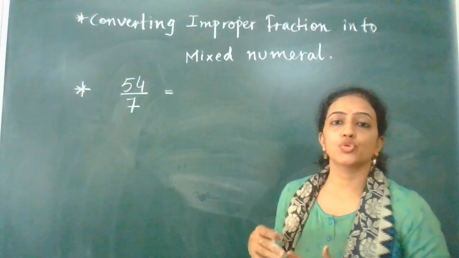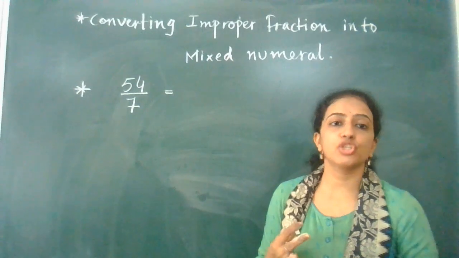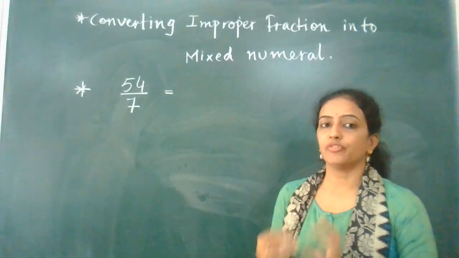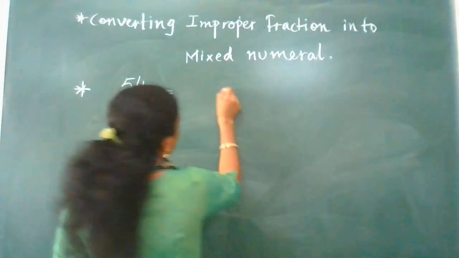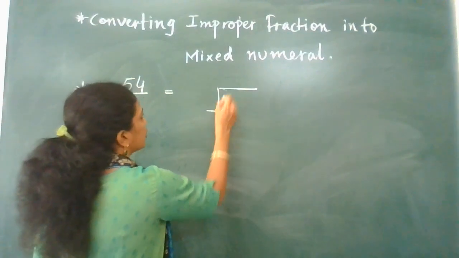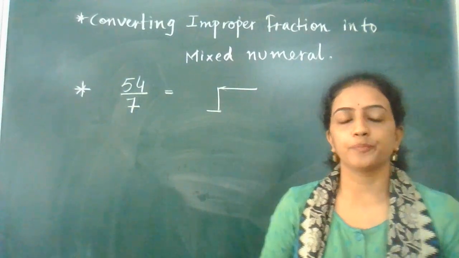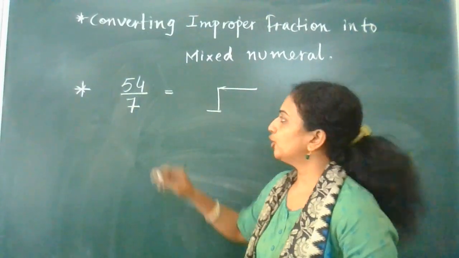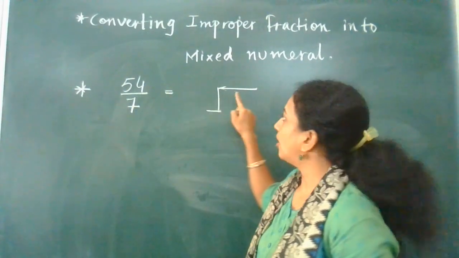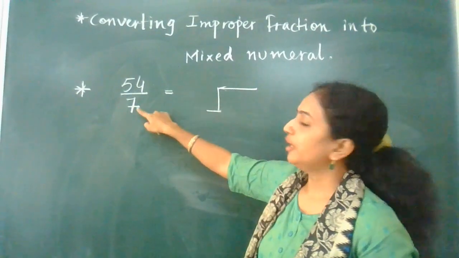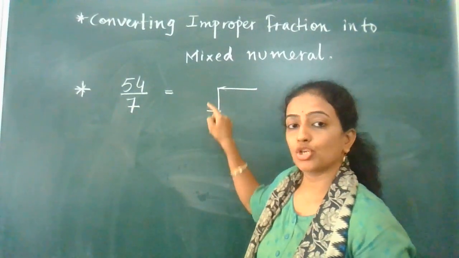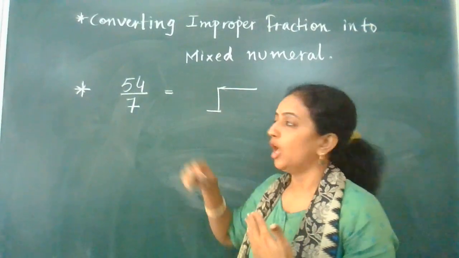To convert an improper fraction into a mixed numeral we use division. Your numerator is the dividend, so we'll write it here, and your denominator is the divisor, so we'll write it here. Always this is the same.